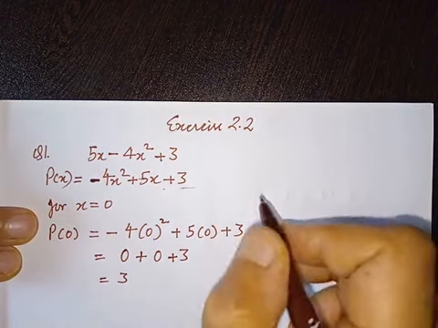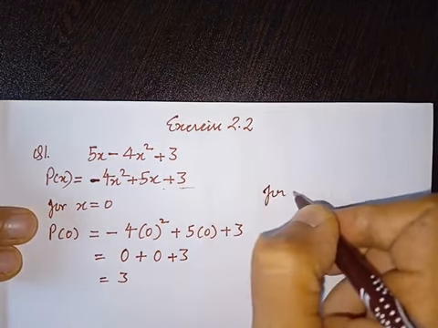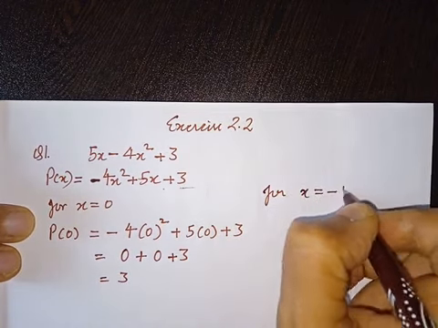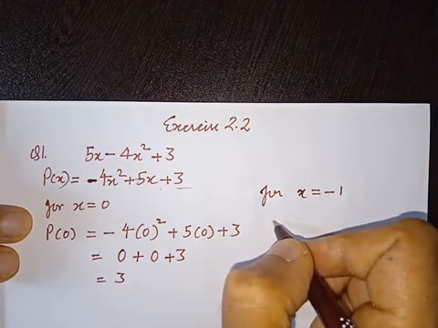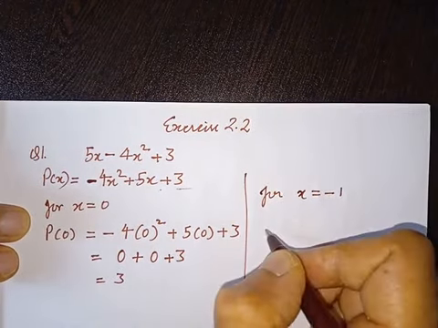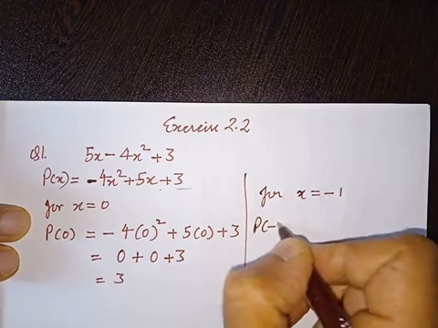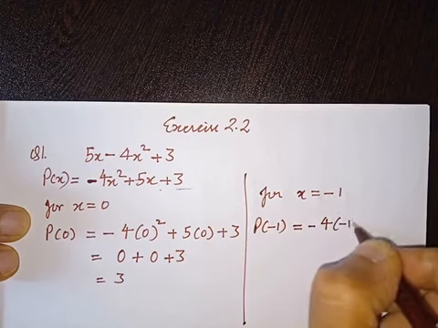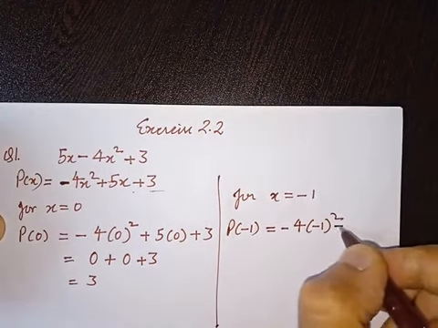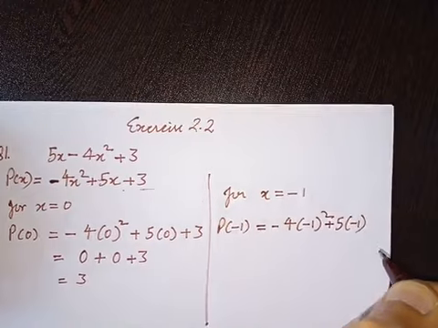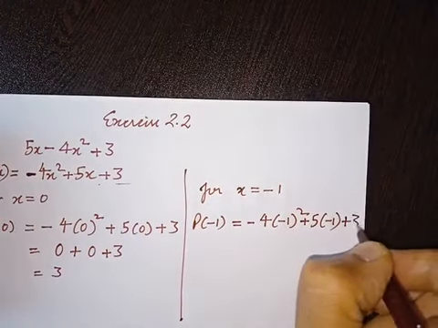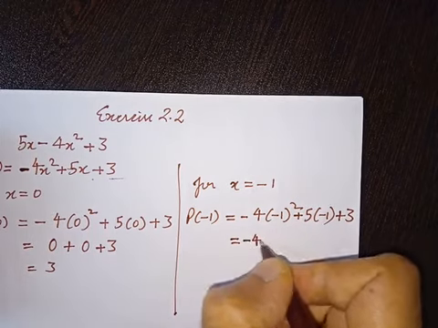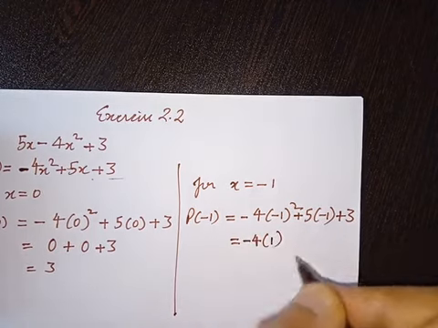Now it has a second part also, where we have to find the value of the polynomial for x equals minus 1. So now we will put minus 1 for x. So it becomes p(minus 1) equals minus 4 times (minus 1) square plus 5 into minus 1 plus 3. Now on solving this, we get minus 4, the square of minus 1 is 1.